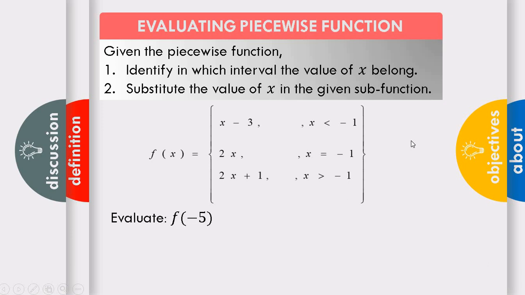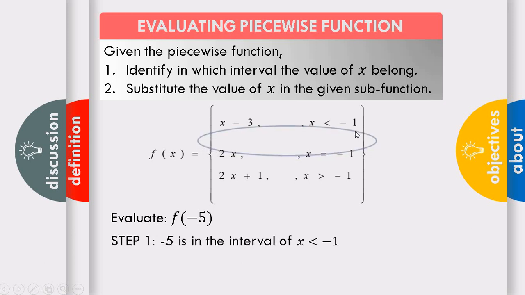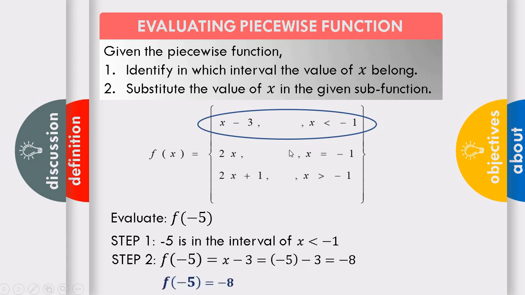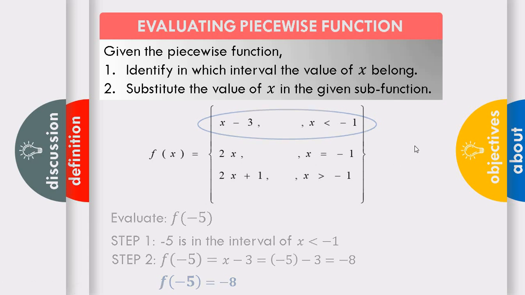So we need to find f of negative 5. Negative 5 is less than negative 1, so we will be using the first subfunction. Evaluate f of negative 5 equals x minus 3, which is negative 5 minus 3, which is negative 8. Therefore, f of negative 5 is negative 8.